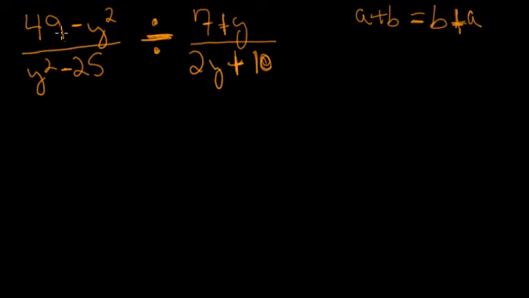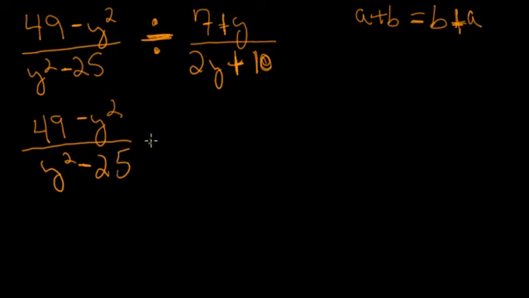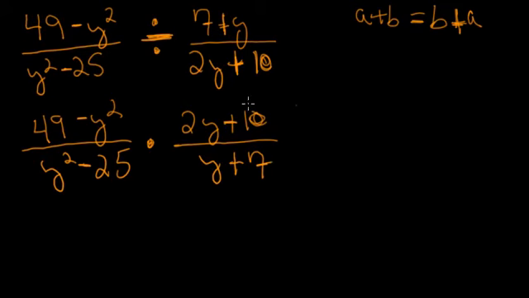So I'm looking for the word factors. It's there. So I'll start with 49 minus y squared over y squared minus 25 times, I'm going to flip this, so 2y plus 10 over y plus 7. Alright, so I have this in the form of a multiplication.